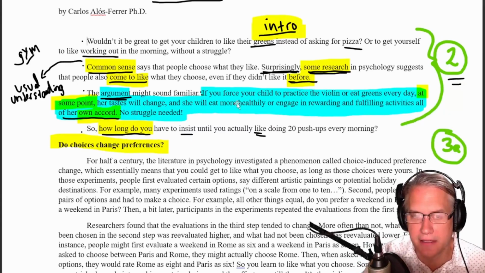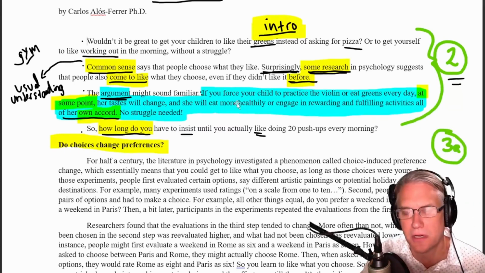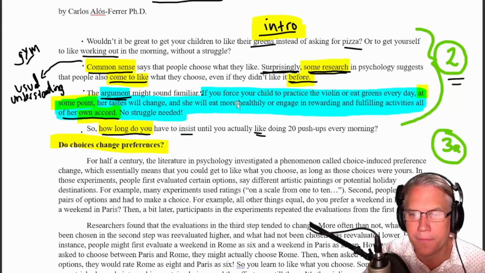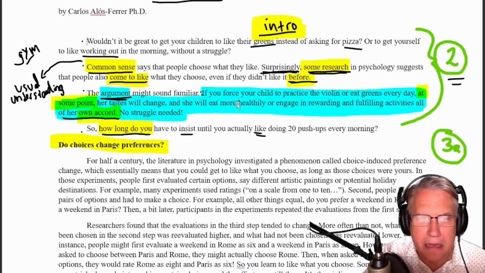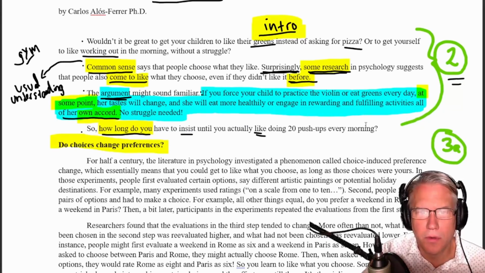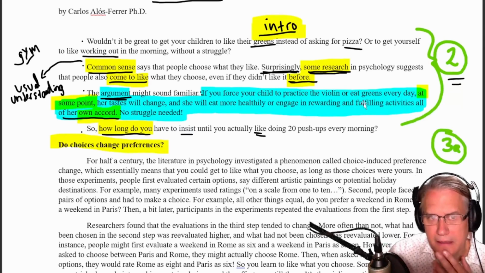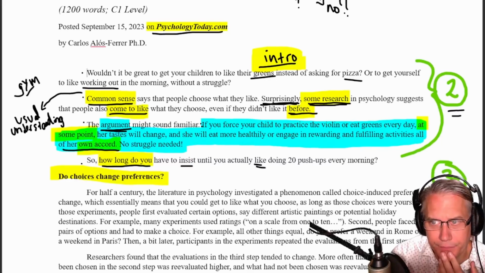Typically in an essay, you would find the thesis statement in the introduction. But this is an article and doesn't have to follow the rules of an essay, although some articles do. Here, my guess is there's no thesis in this introductory section.